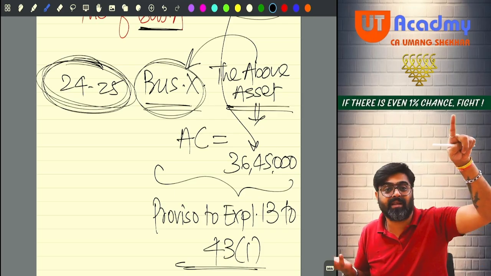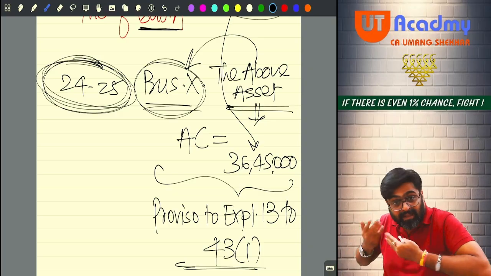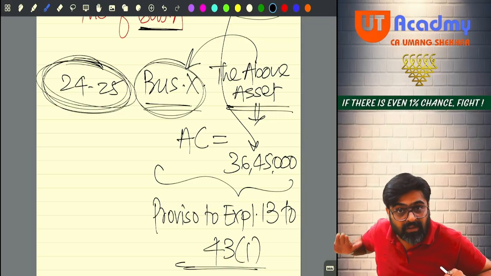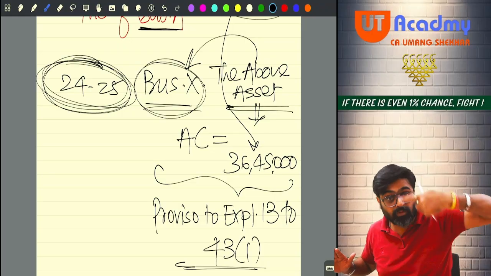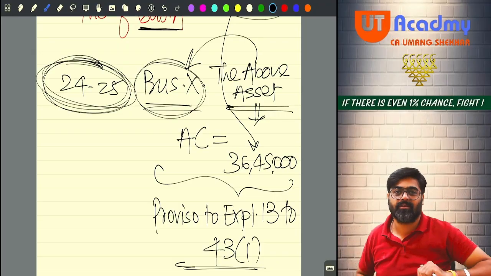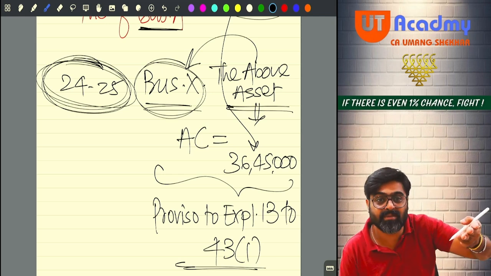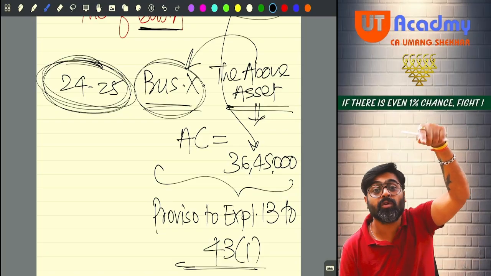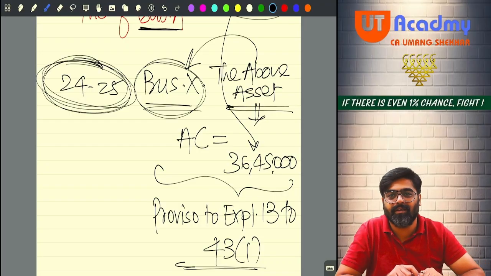But within that 8 years, it was taken out from that business. And now you are bringing that asset in your business X. So in business X, whenever you bring such type of asset from specified business within 8 years, what will be the cost of this asset in business X? It will be the same amount which was considered as deemed PGBP income under section 35AD 7B. That same amount you will take as a cost of this asset now in your business X.